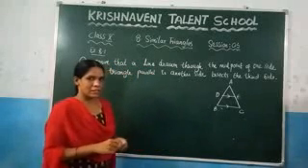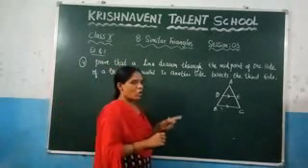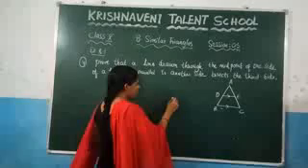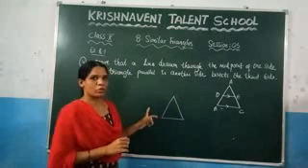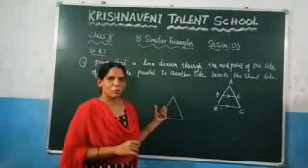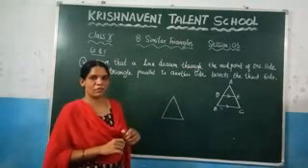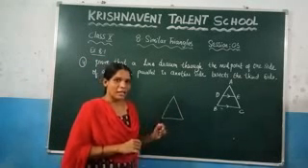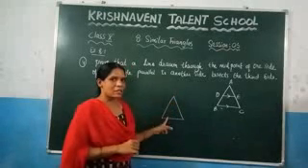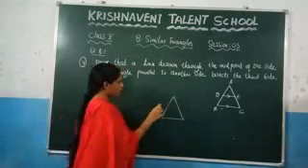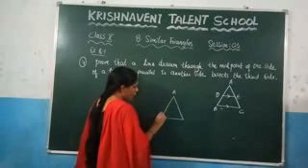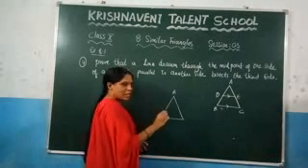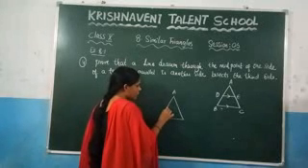So what they are saying here in the question, if you draw a triangle, again I am explaining here. Prove that a line drawn to the midpoint of one side of a triangle. First you need to draw one line in the triangle such that that should be the midpoint. I am taking that line as AB. So here I need to draw one line by taking the midpoint.